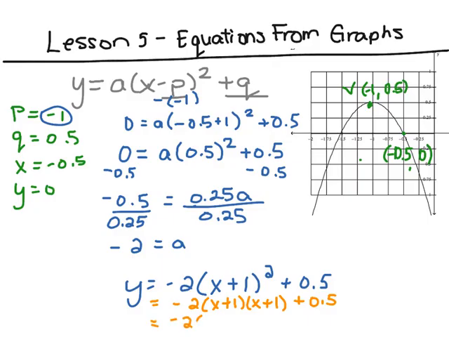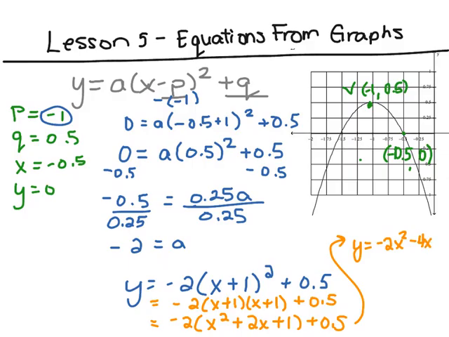So this would be negative 2 times x squared plus 2x plus 1, which is negative 2x squared minus 4x, times negative 1 is negative 2, times 1 is negative 2, plus 0.5 is minus 1.5. So you get the exact same answer for your equation. It doesn't matter which way you do it.